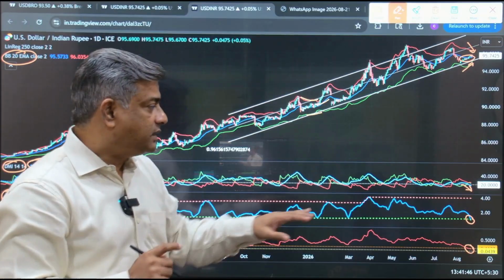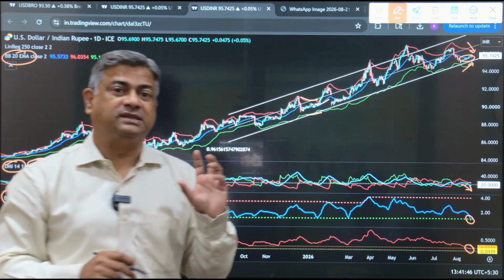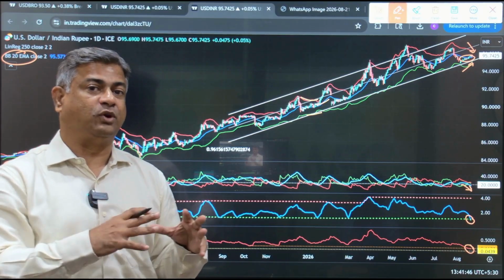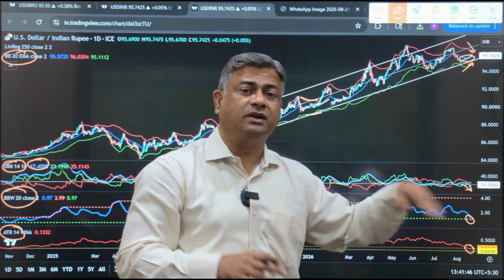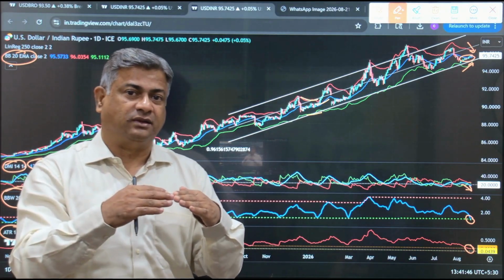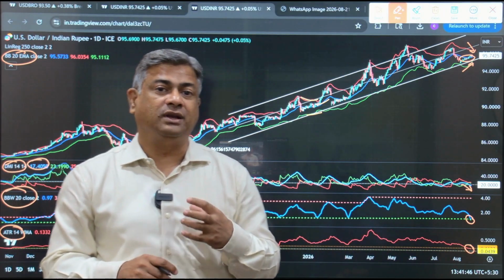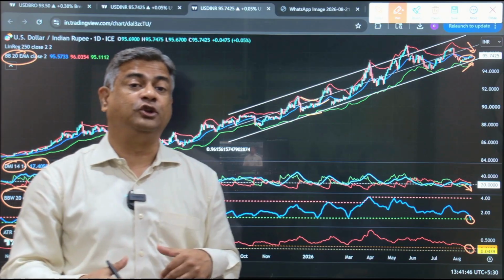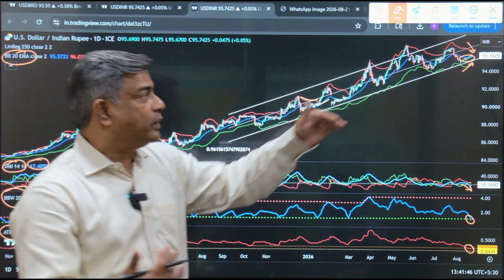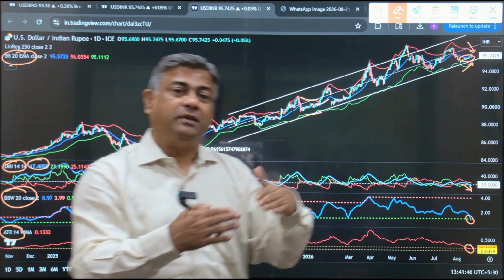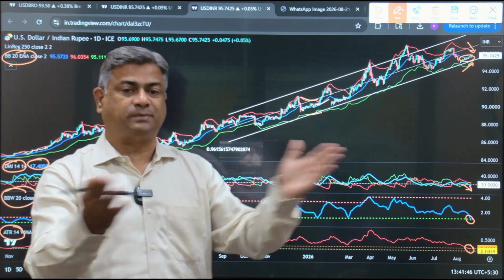Remember one more thing, John Bollinger, who is the creator of Bollinger Bands, in his book had indicated that whenever the Bollinger Bands squeeze or whenever we see this kind of phenomenon, that is usually a precursor to the start of a new trend. And whenever the squeeze happens, beyond that the volatility expands.